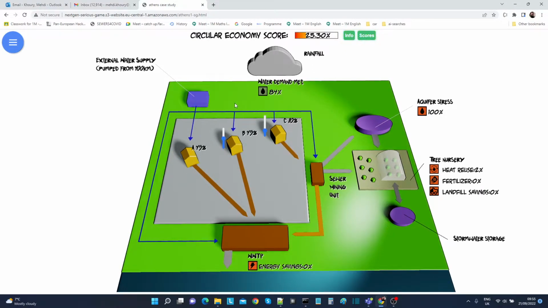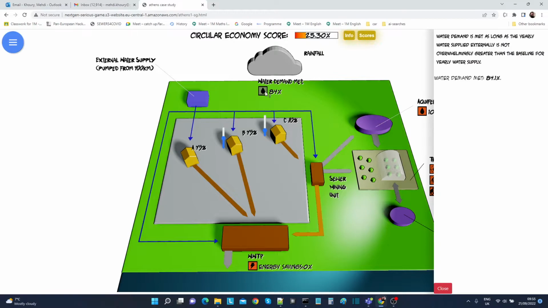The water demand met indicator, the center top here, when you click on it, there's a bit more detail, is basically an indication of how much of your water demand you manage to meet. We calculate it by looking at the amount of water demand there is, and if it's greatly exceeding the baseline of what you usually supply, that's not a good sign.